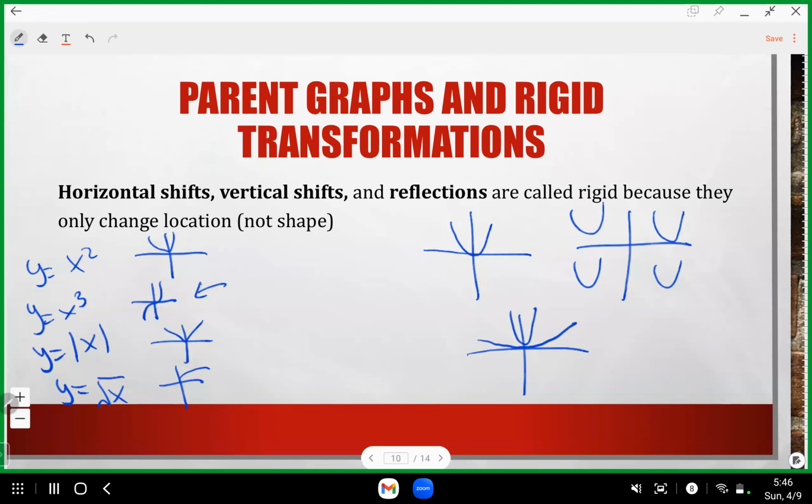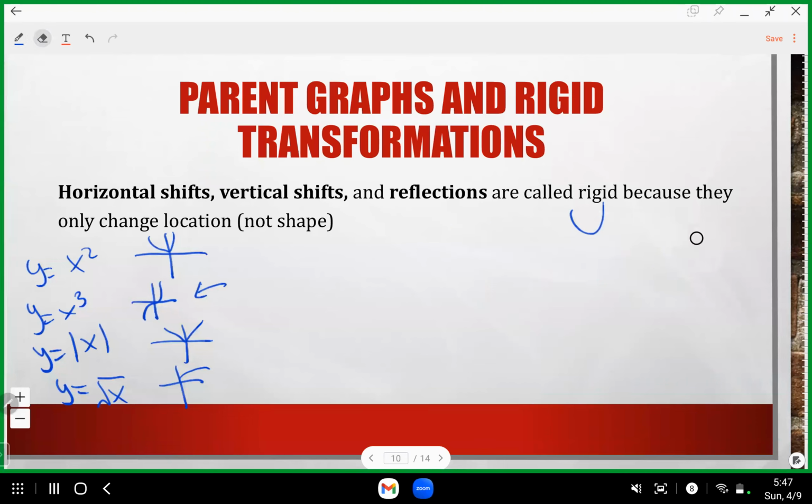That is a non-rigid transformation that we are going to cover next class. So this class, we're going to cover the rigid transformations, which are horizontal shifts, vertical shifts, and reflections. As you can notice, these don't affect the shape. The graph will still look the same shape-wise, but the location is just going to be different.